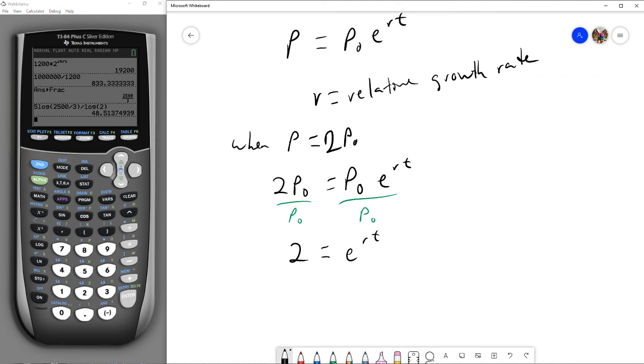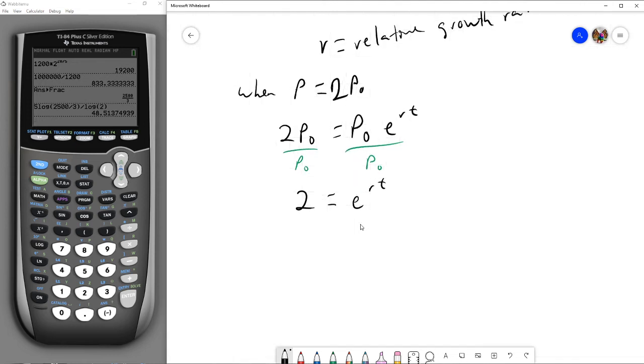That just leaves us with 2 is equal to e to the rt. This is an exponential equation. We could just take the natural log of both sides, since natural log is log base e. So natural log of 2 will equal natural log of e to the rt. The natural log and the e cancel each other out using this property of logs, that natural log of e to the x is the same thing as x.